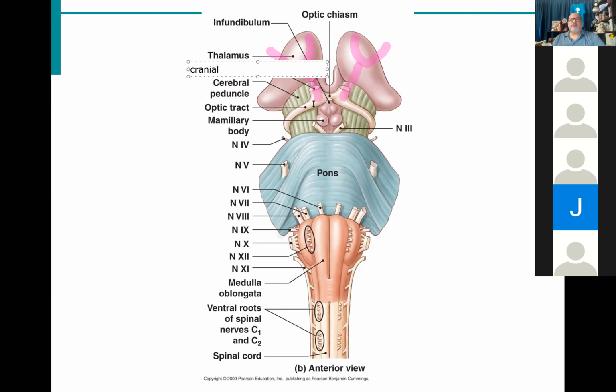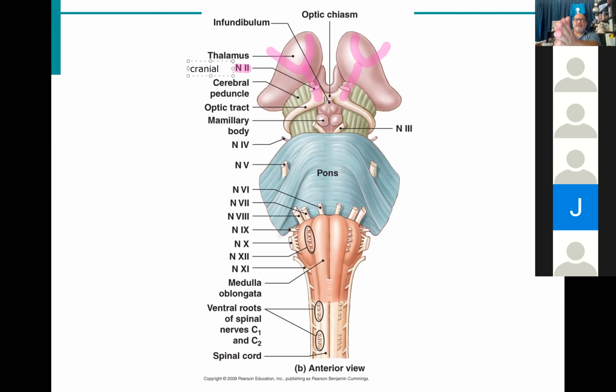But remember, as we talked about, we have this issue with sensory information, where all of our sensory information has to go contralateral. So things I feel from the right side, I process on the left. Things I hear from the right side, I process on the left.